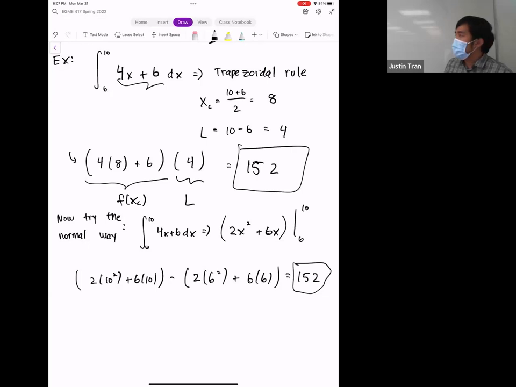And so here we have a linear function, and basically the further away your function is from being linear, the more error you're going to have. If you have a quadratic function, a cubic function, a fourth order function, that's going to be even worse. And then there are other types of functions too, like logarithms, sinusoids, and exponentials, and a lot of those are going to have some error.